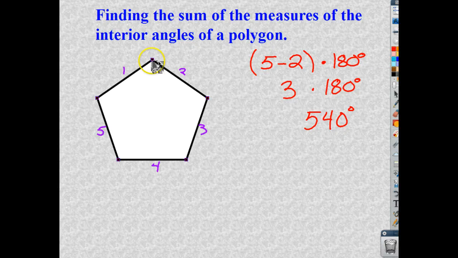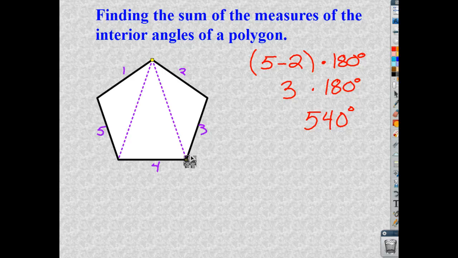I'm going to choose one vertex, and I'm going to draw a diagonal to another one of our vertices. Okay, now how many of those am I able to draw here? Okay, so I see one diagonal. You have to take the same vertex and draw an additional diagonal.